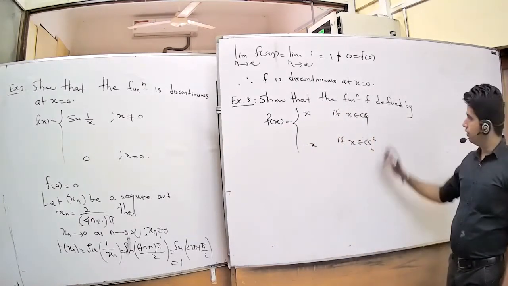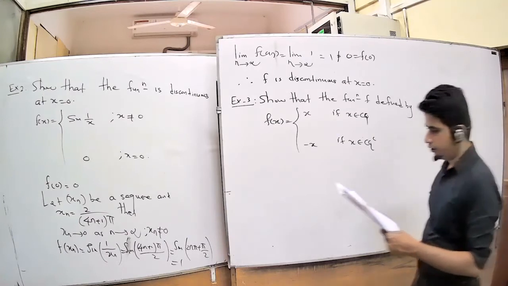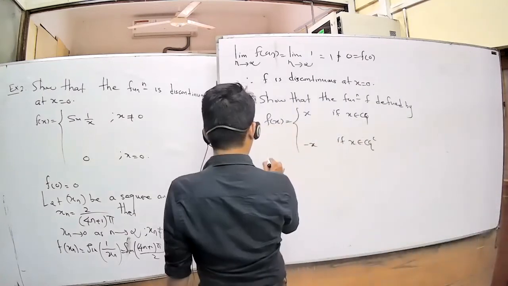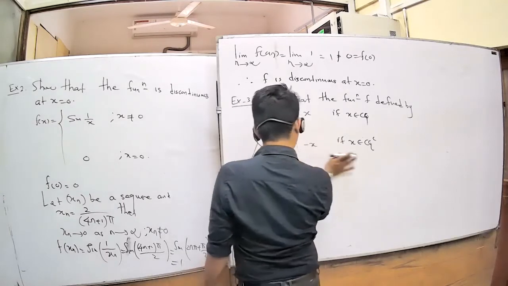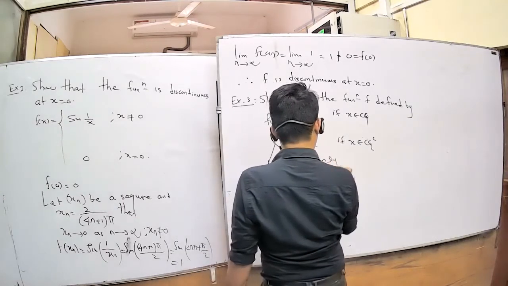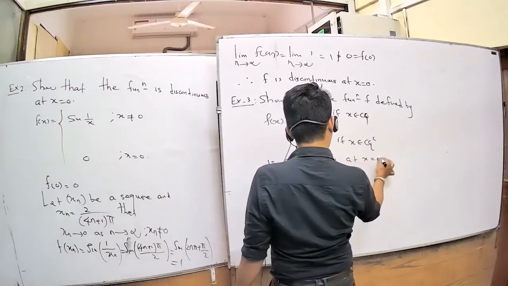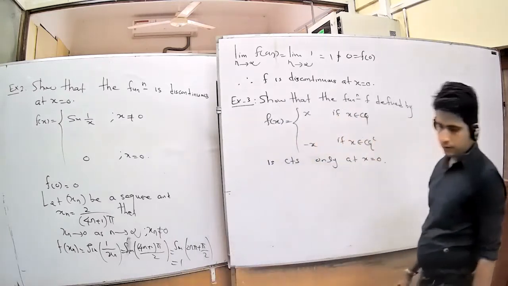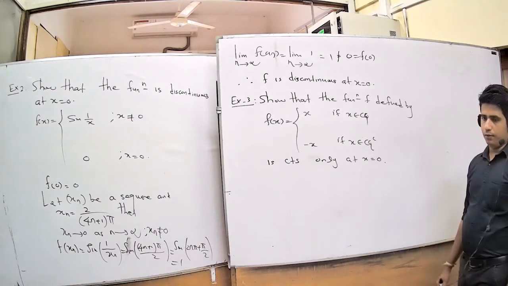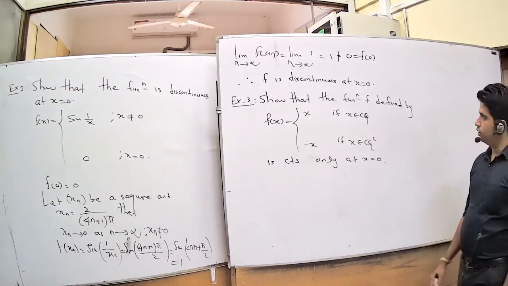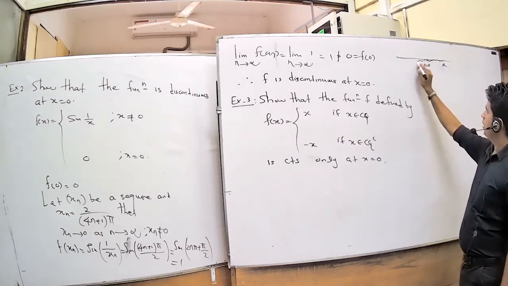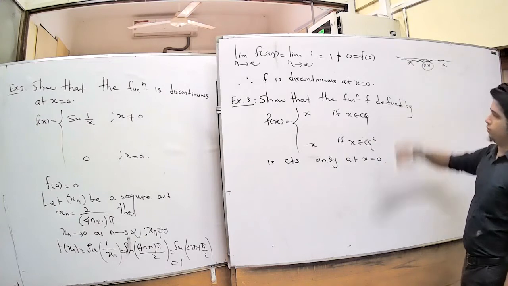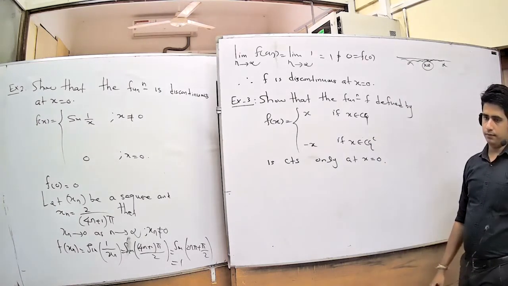You want to show that this function is continuous only at x equal to 0. Only at x equal to 0 means all other points are discontinuous.